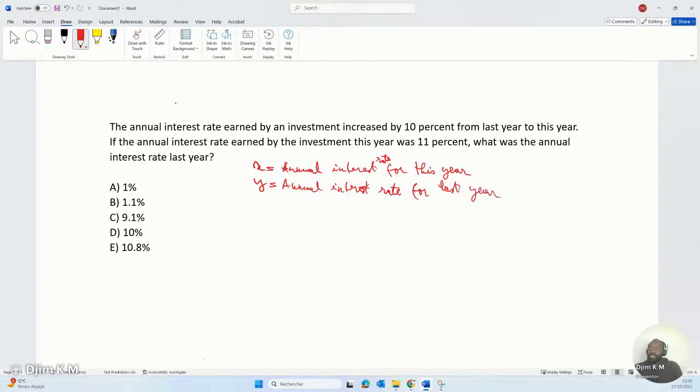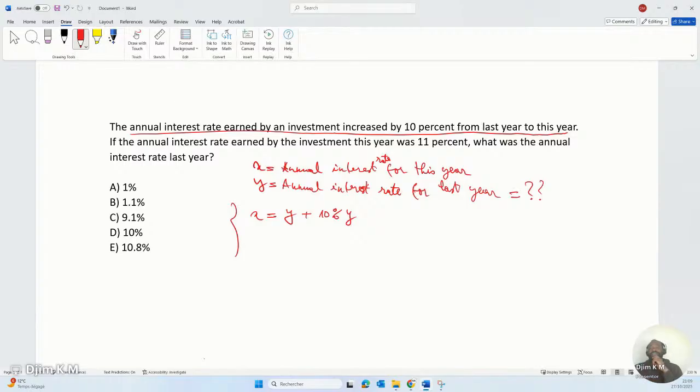So what this line is saying is the annual interest rate earned by an investment increased by 10% from last year to this year. So x here is equal to the interest rate of last year, which is y, plus 10% of y. So it increased by 10%. What was the annual rate last year? So we need to find y.